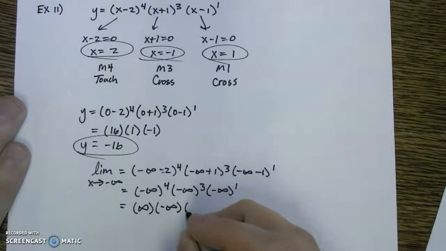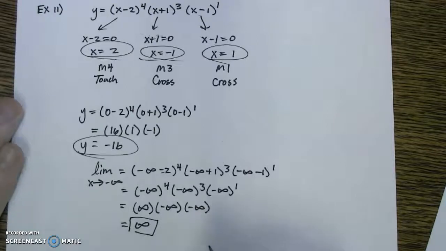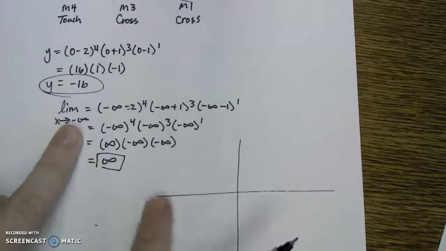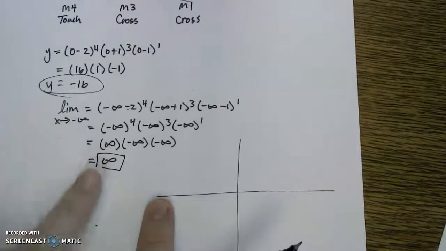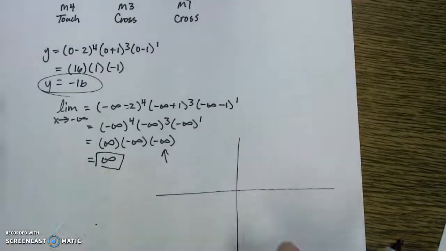A 1 will keep it negative. A positive times a negative is a positive. So at negative infinity, we go to infinity. So what this tells me is, on the graph, far left, negative infinity direction for x, the y's are going up. So there's an arrow going up on the left.